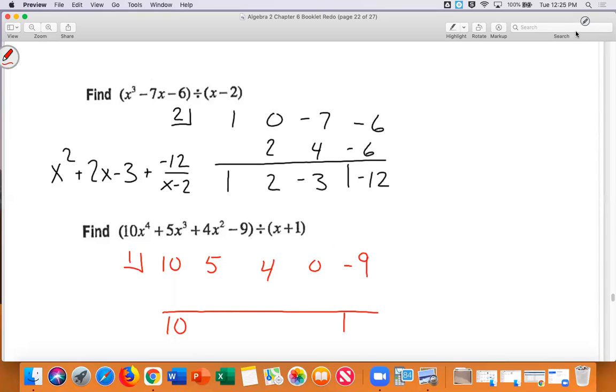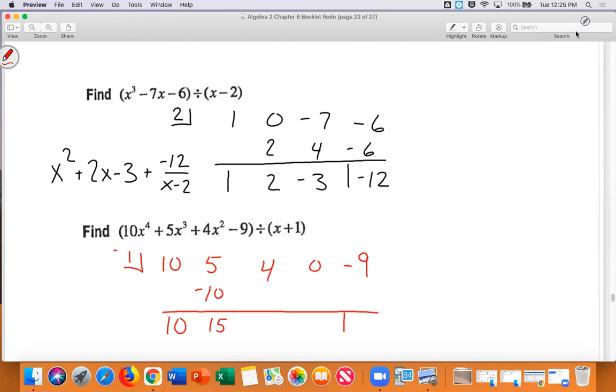Now notice for this one, it wasn't 1 that dropped down, it's 10. It's whatever this number is, dropped straight down, so it was 10. So now it's 1 times 10. 5 plus 10 is 15, 1 times 5. Oh yeah, -1.